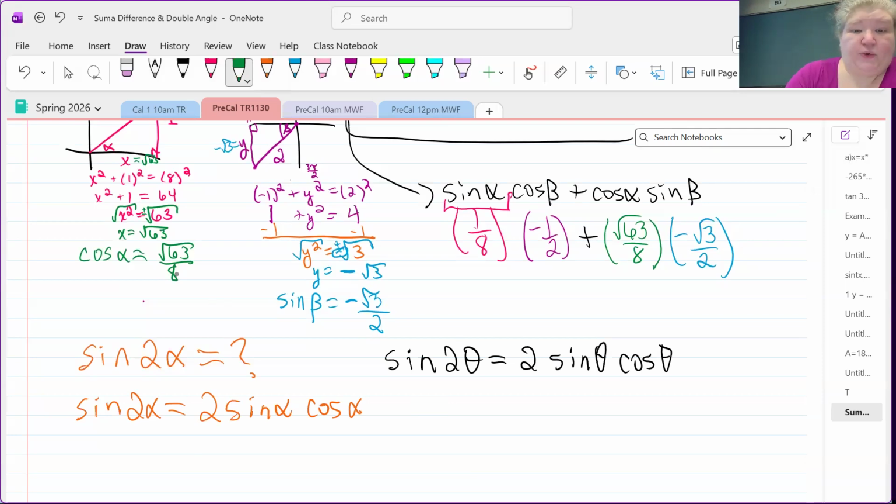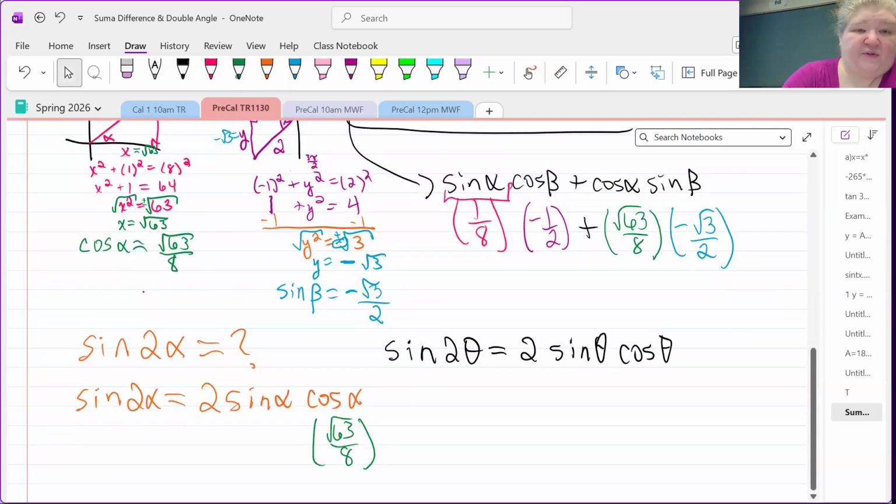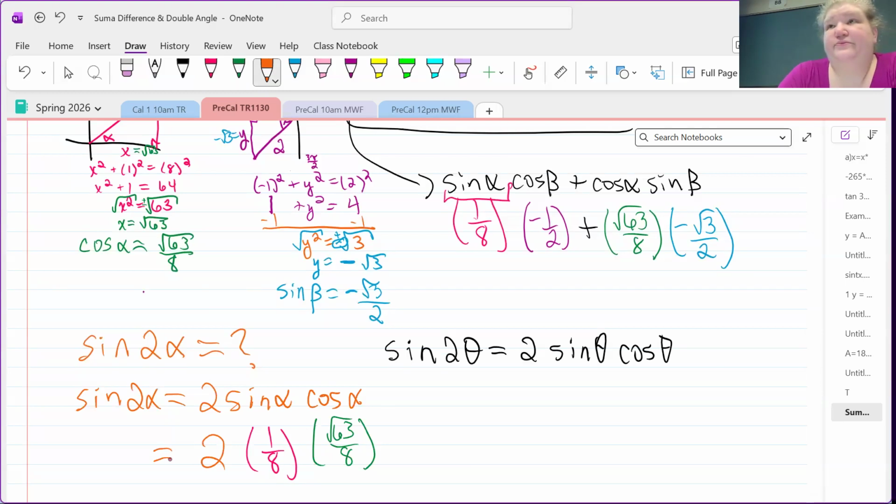I figured out the cosine of alpha was the square root of 63 over 8. And then if I scroll up, my sine of alpha was 1/8. And then my formula has the 2. Done. I just did sine 2 alpha. Just a quick little follow-up because I already had the work on the triangle done.